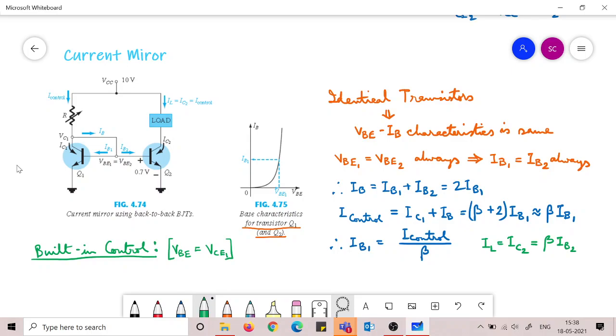The next one is also a multiple BJT configuration, but this has a unique name, and it is also like an application. This is called a current mirror. Here, these two transistors, Q1 and Q2, are identical in the sense that they have the same beta, so the current gain is the same.